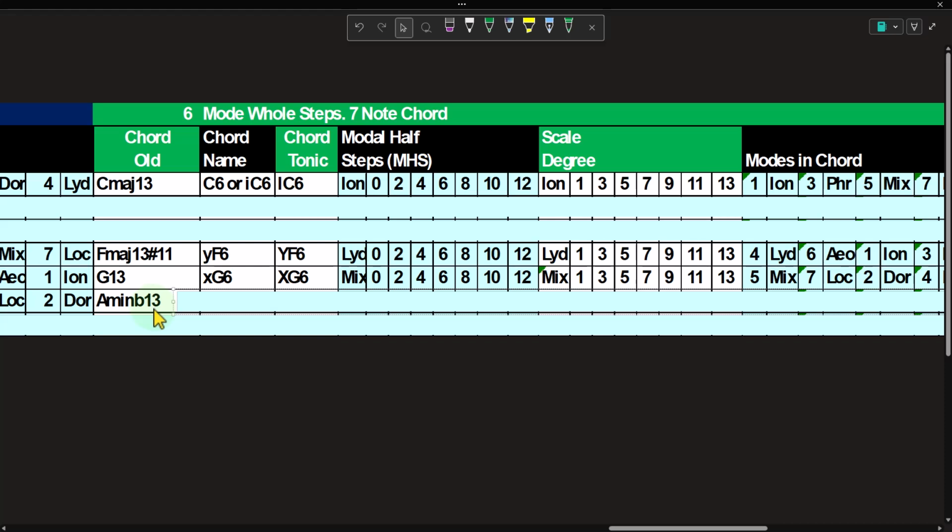Now, why is that? Because remember how this works. Now, it gets a little wonky here, and I will get more into this later, but we assume that it's a minor, which means that that's going to make a minor out of the 3 and the 7. But then the 9 we couldn't flatten, so we keep it major, even though it says minor, and then the 11 is also major, but it's perfect, so it's okay.